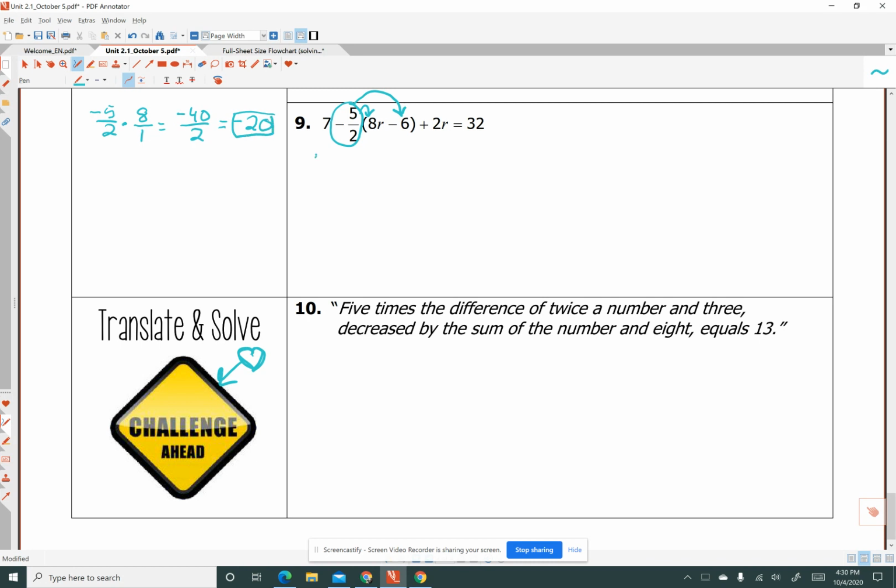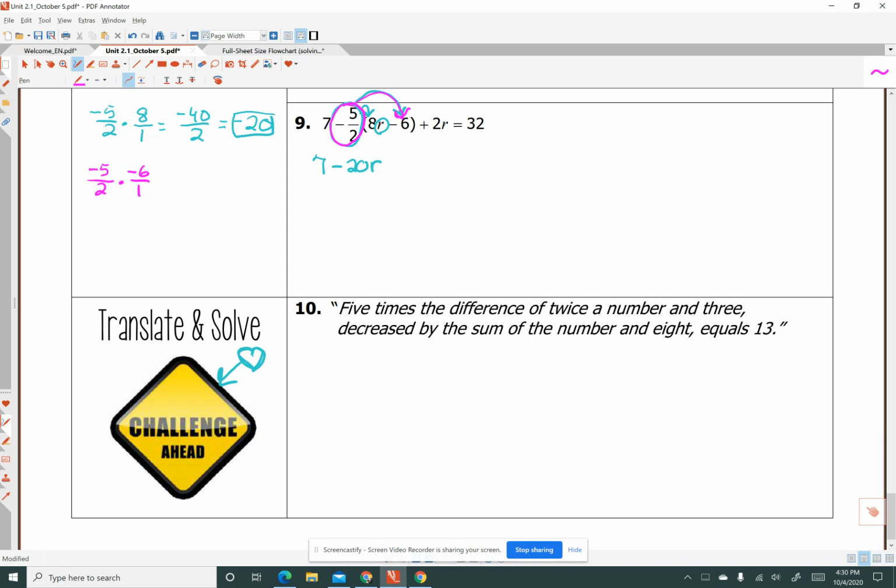So that means we have 7 minus 20, and we can't forget this, the r. Now we have, let's change our color. Now we have -5 halves times -6. So -5 over 2 times -6.